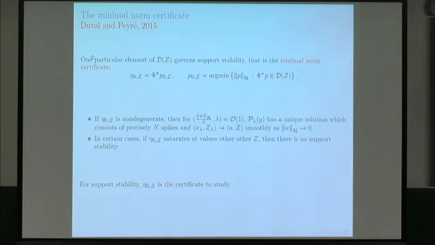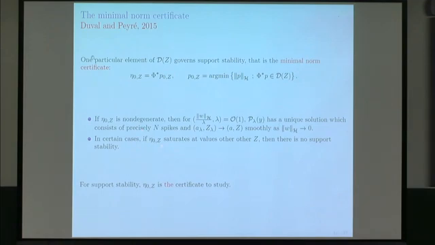What they showed is that if this minimal norm certificate is non-degenerate, then provided that your noise and your regularization parameter are sufficiently small, smaller than some small constant, your BLASSO problem will have a unique solution, which consists of exactly n spikes, and the recovered spikes will converge smoothly to the true spikes in true positions as your noise drops to 0.